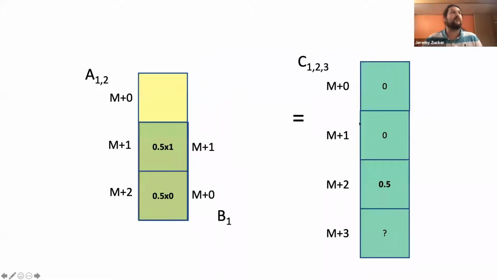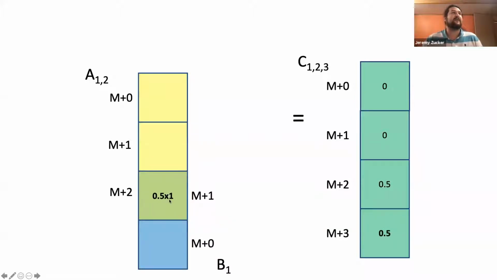We slide it down one more time, and this time M+1 times M+1 is 0.5 times 1, so that's 0.5, and 0.5 times 0, so that's 0.5. You add these 2 together. And then the last one is 0.5 times 1, and that goes in the M+3 slot.